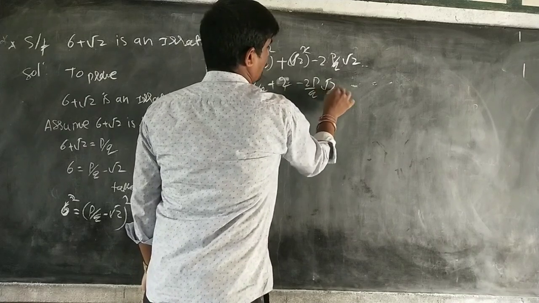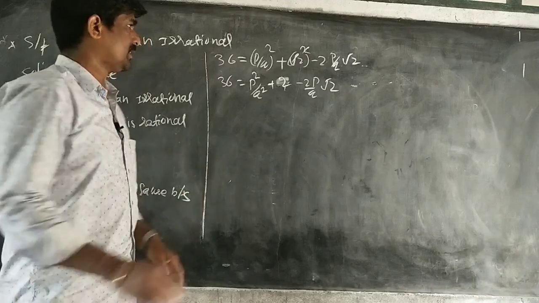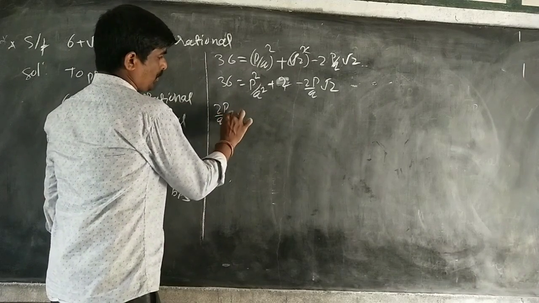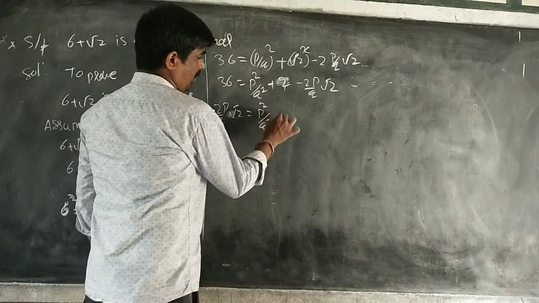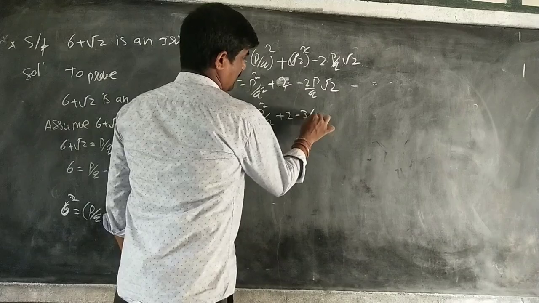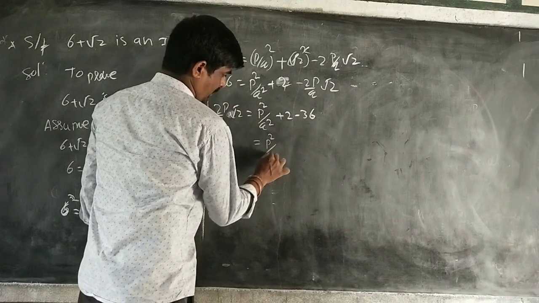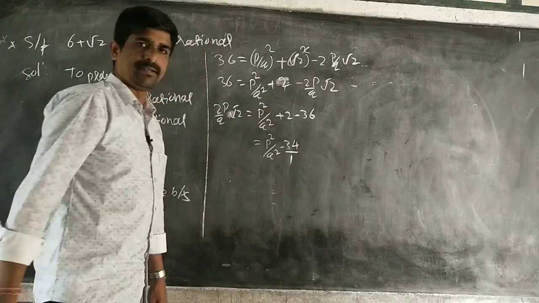2P by Q root 2. So bring this side and 36 bring that side. That is, 2P by Q root 2 is equal to P square by Q square plus 2 minus 36. This can be written as P square by Q square minus 34 by 1.